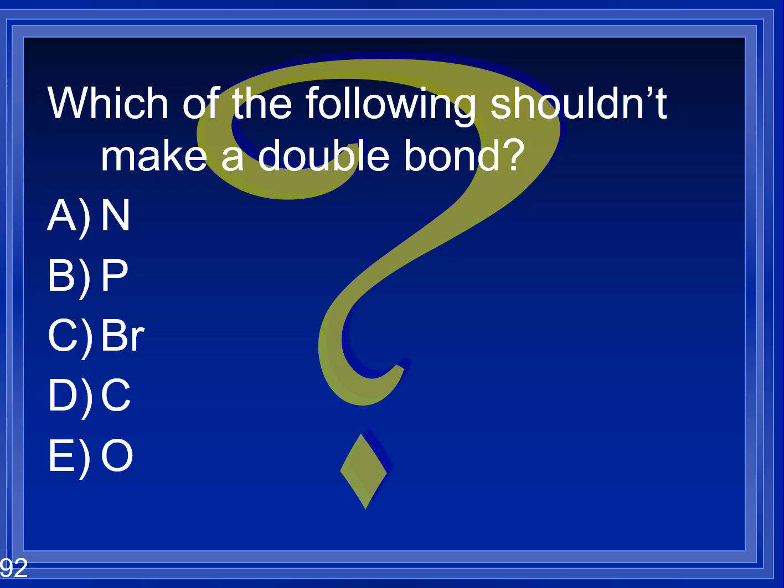Which of the following shouldn't make a double bond? Oh, carbon makes 4 bonds. Okay, so which one shouldn't make a double bond? We just said the halogen should make 1 bond, right? It's got 1 hole to fill.